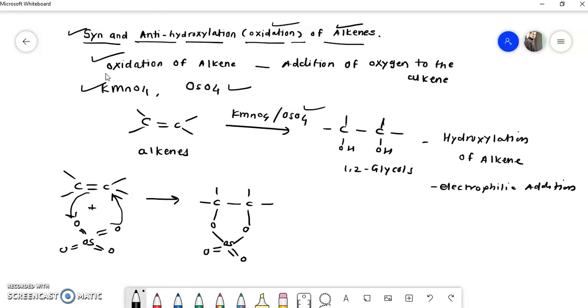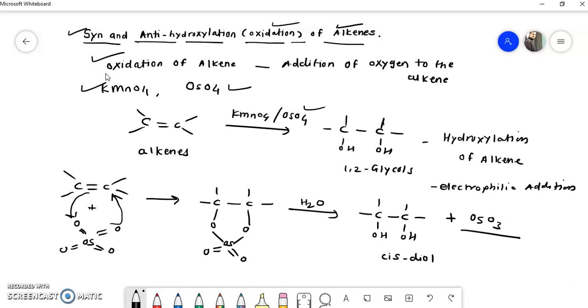So such an intermediate is obtained, which on hydrolysis in presence of water gives the diol, OH and OH. So this is the cis diol, remember, because the hydroxyls come on the same side of this double bond, plus a side product, osmium O3. So this is the mechanism by which this reaction is carried out.